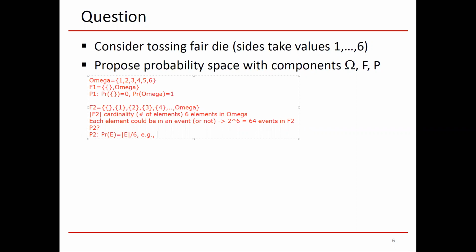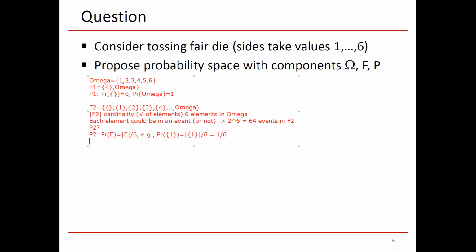For example, the probability of what I was asking earlier, that we landed on the side 1, is the cardinality of the set that only allows us to land on 1 divided by 6, which is 1/6.